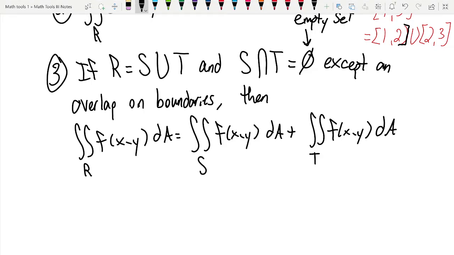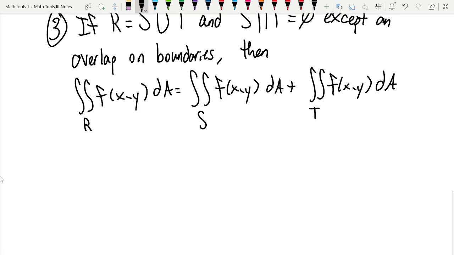There's a few more that I'm going to skip over that aren't really worth stating again, like the fact that if one function is greater than the other function, then its double integral is going to be greater than the double integral of the other function. That's just inherited from single integrals.